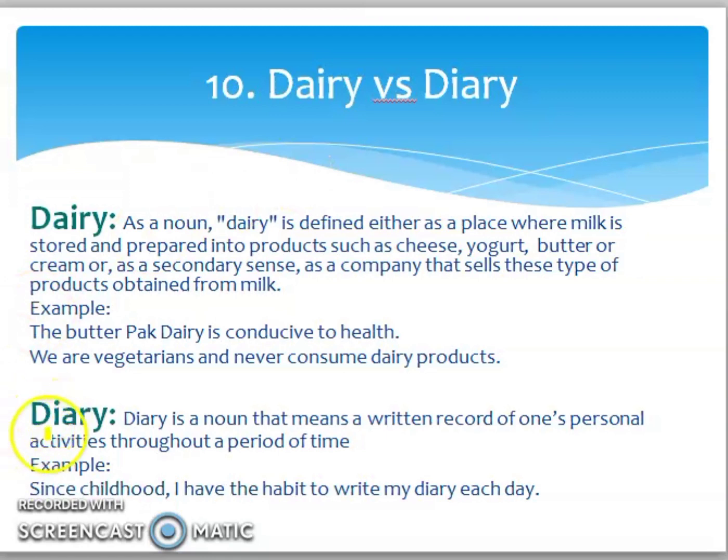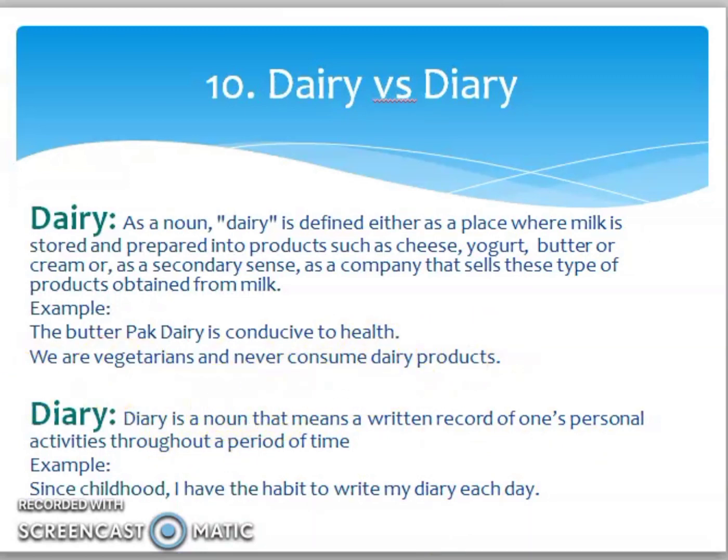Now, diary is a noun that means a written record of someone's personal activities throughout a period of time. Example, since childhood, I have the habit to write my diary each day, right? So diary is used as a noun.